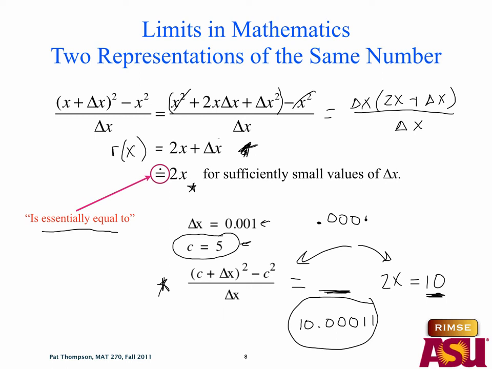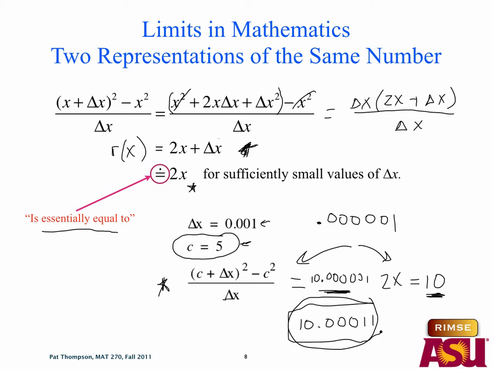Do you like this? 0.01. You want another 0 for kicks and giggles? Okay, so if I put another 0 there, then the value of this expression becomes 10.0000001.